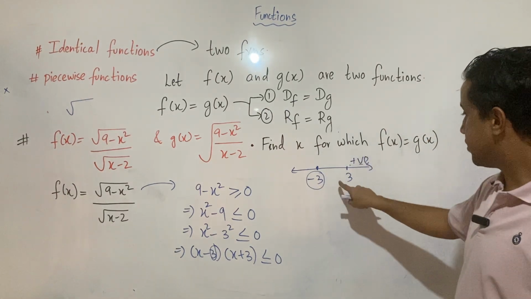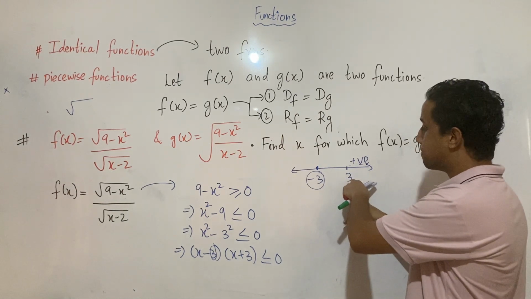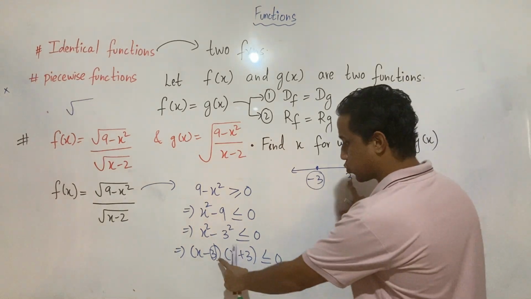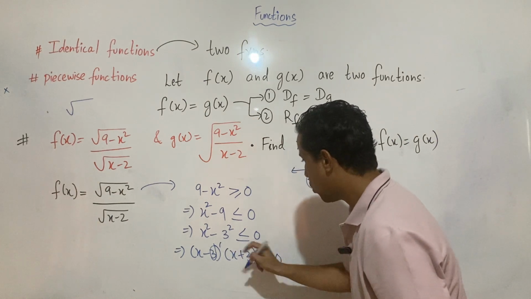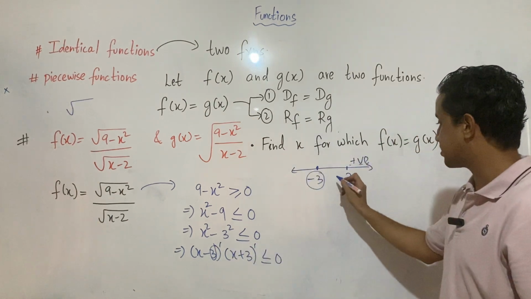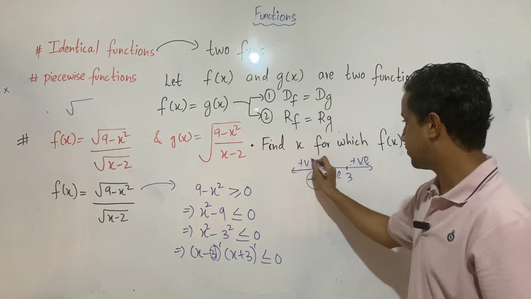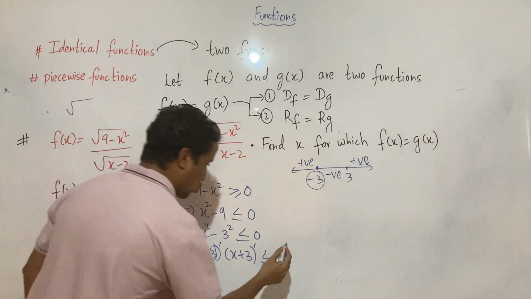Now see here, look for the expression that has 3 in it, this one, and look for its exponent. The exponent is 1. When the exponent is odd, the sign will change, negative, then again here positive. Now what we need to find is less than equal to 0.